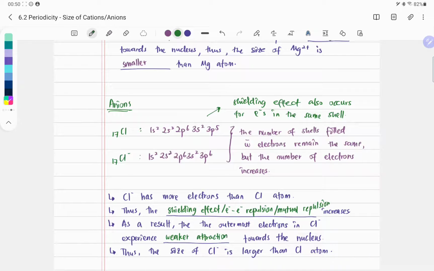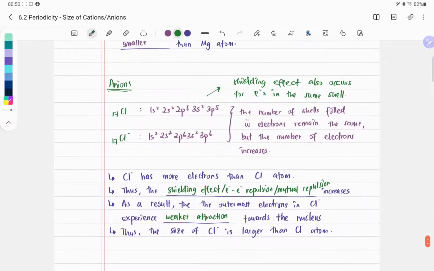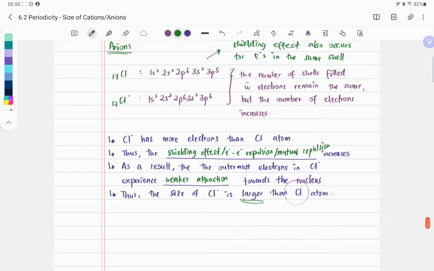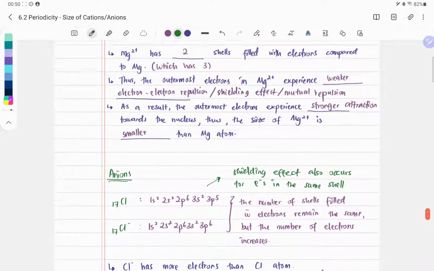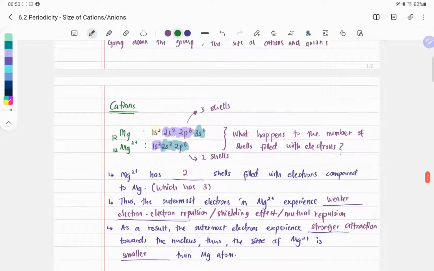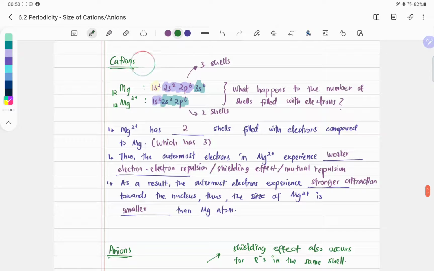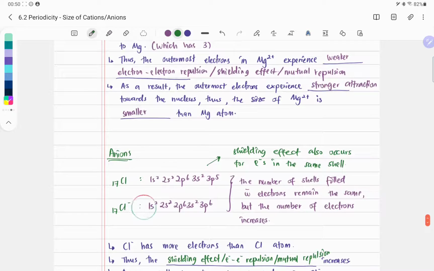Kenapa dia weaker? Sebab dia elektron dah tolak-tolak, jadi the electrons are being pushed away from the nucleus, jadi they experience weaker attraction towards the nucleus, and as a result the size of Cl- is larger than Cl atom.